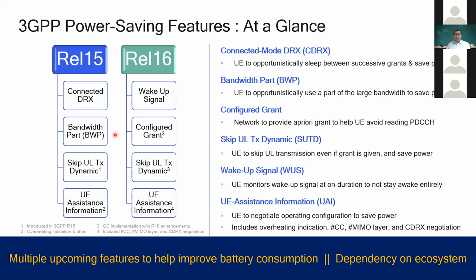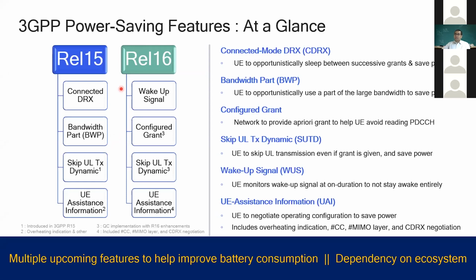Skip uplink transmit dynamic is a new thing in NR, and we are expecting commercialization and rollout very soon, followed by UE assistance information, where the UE is allowed to let the network know what it is preferring, and the network accordingly could give the grant.